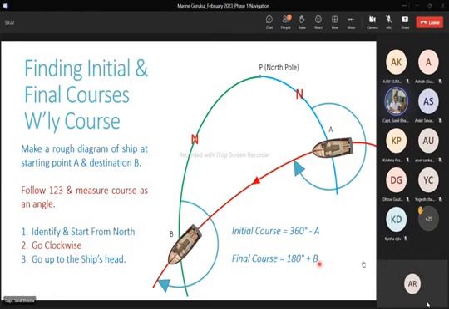In this case, none of the angles was equal to the course. So we had to use the diagram and the 1, 2, 3 method to find out what our initial and final courses are.